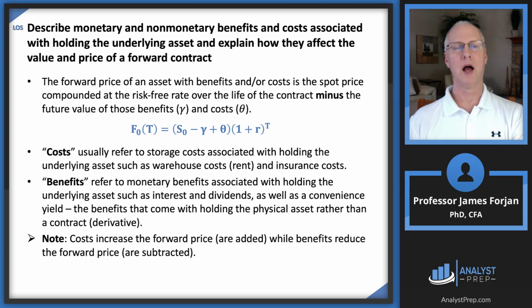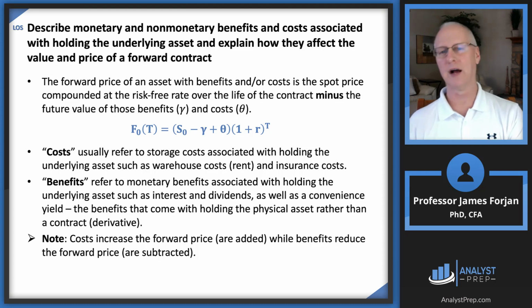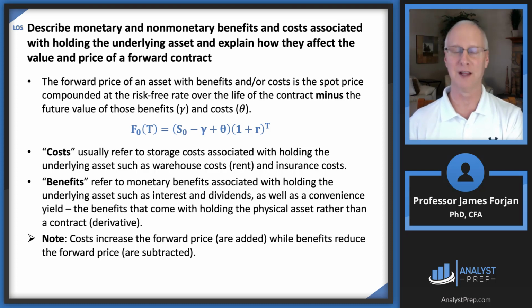Well, what that implies is that the costs of storage and the costs of insurance and the cost of protecting the integrity of the underlying asset, boy, they better be less than $30. Otherwise, we'd be better off just selling the apple today.